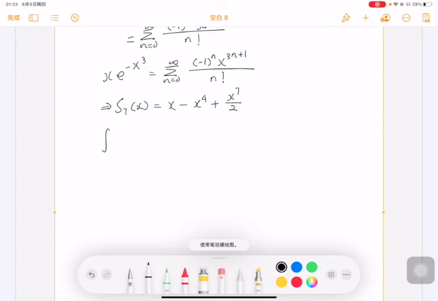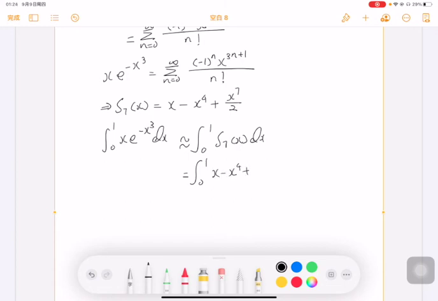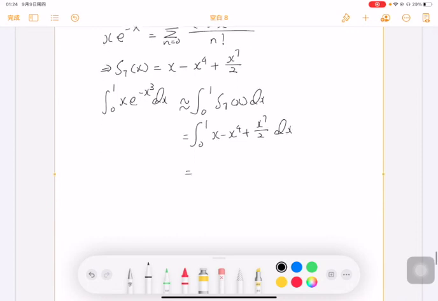The integral from 0 to 1 of x times e to the minus x cubed dx is approximated by the integral from 0 to 1 of x minus x to the 4th plus x to the 7th divided by 2 dx. The antiderivative is x squared over 2 minus x to the 5th over 5 plus x to the 8th over 16, and everything evaluated from 0 to 1.